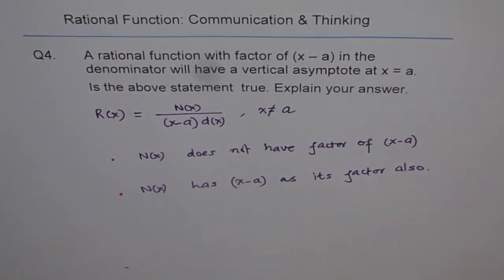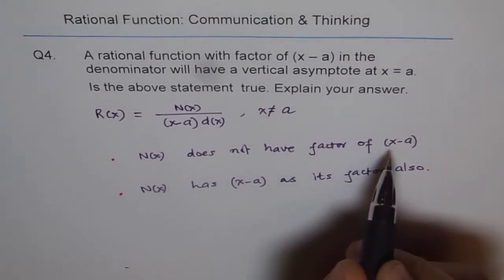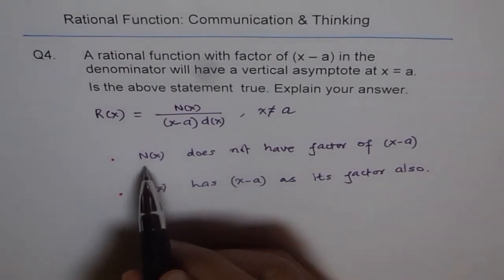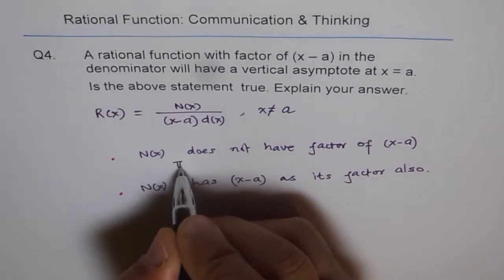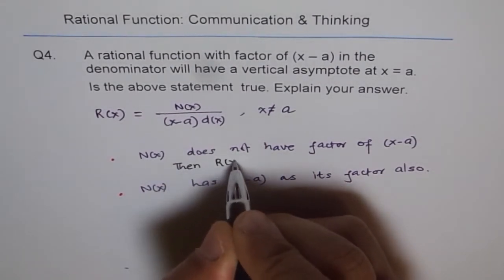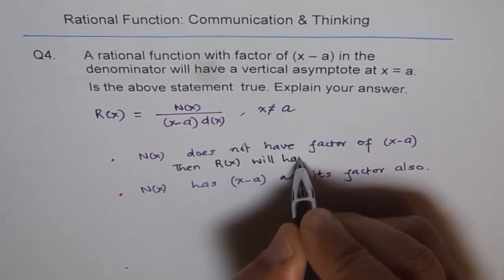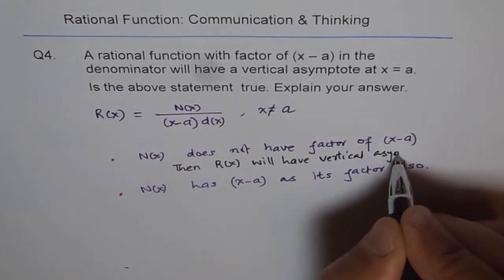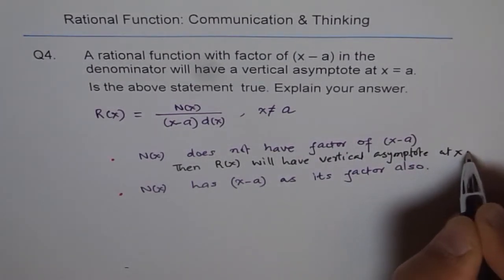So what I mean to say is, in the first case, when the numerator does not have a factor of x minus a, in that case we will have a vertical asymptote. So if the numerator n of x does not have a factor of x minus a, then the rational function r of x will have a vertical asymptote at x equals to a, right?